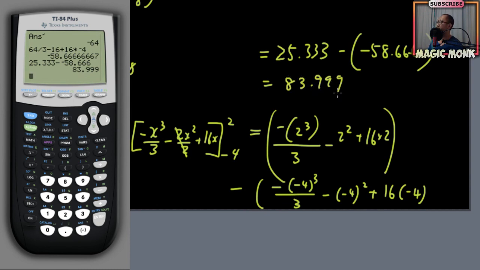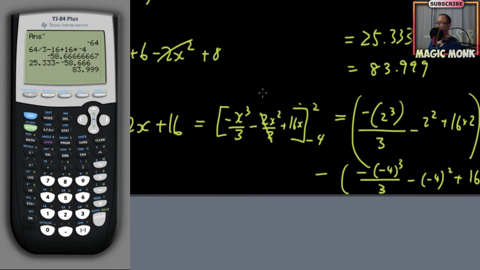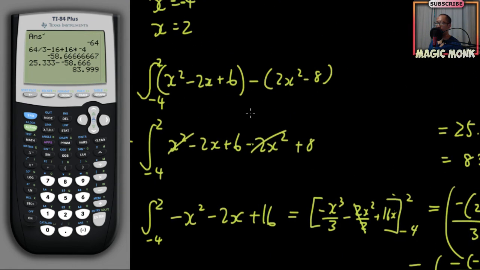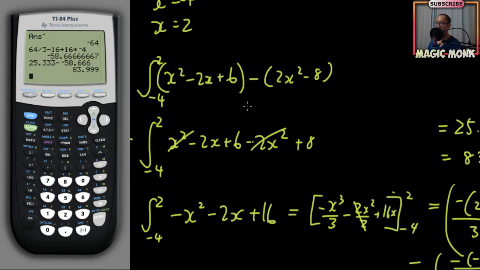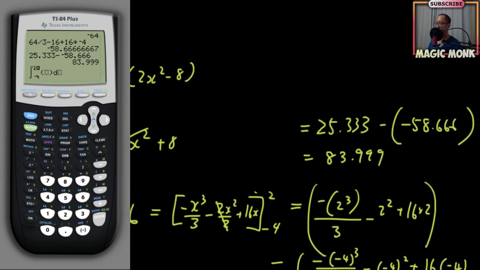Now let's double check with the graphics calculator as well. So I have y2 minus y1. Alright, so let's go Math 9, negative 4 to 2. Oops, did I do something wrong here?